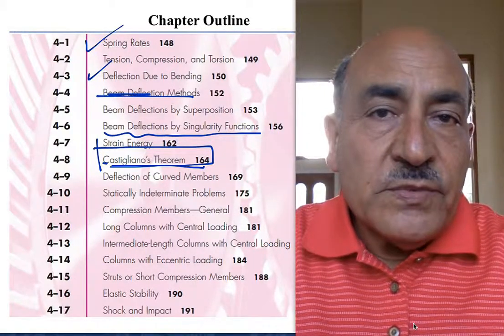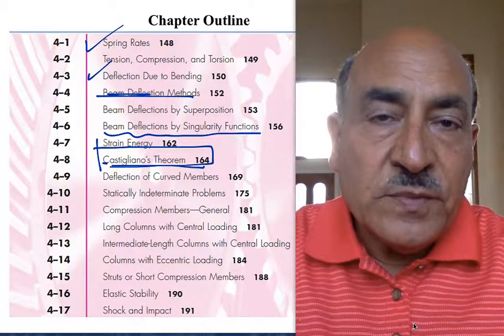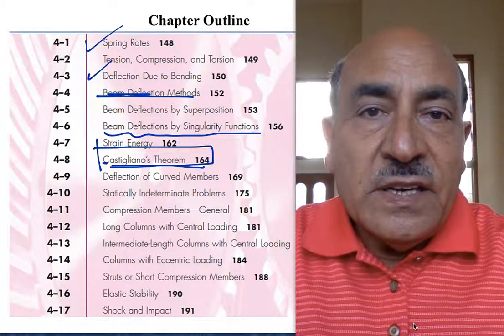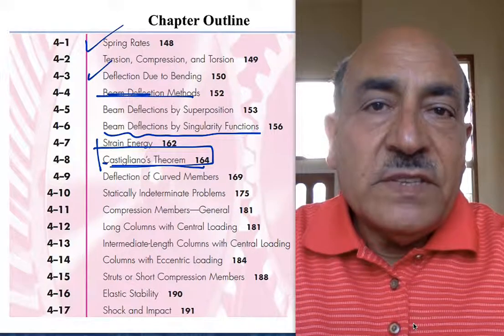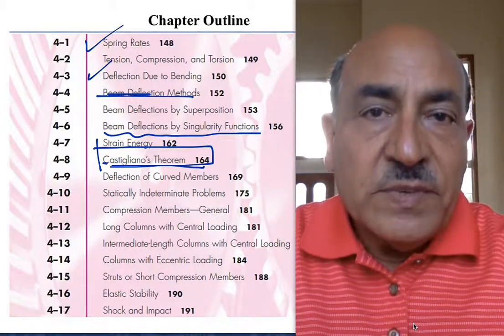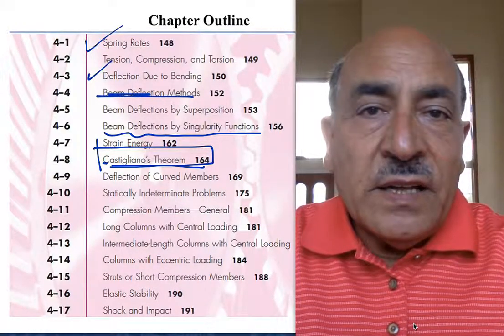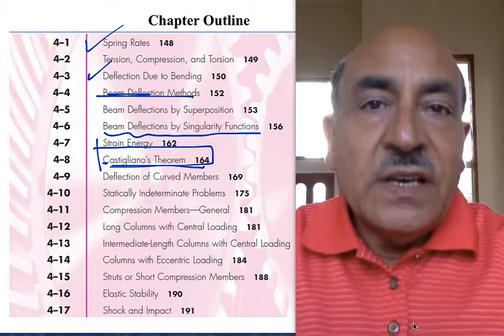As some of you know, beams can be called determinate or indeterminate. If a beam is a determinate beam, it means that the equilibrium equations are sufficient to determine the reactions on the beam.